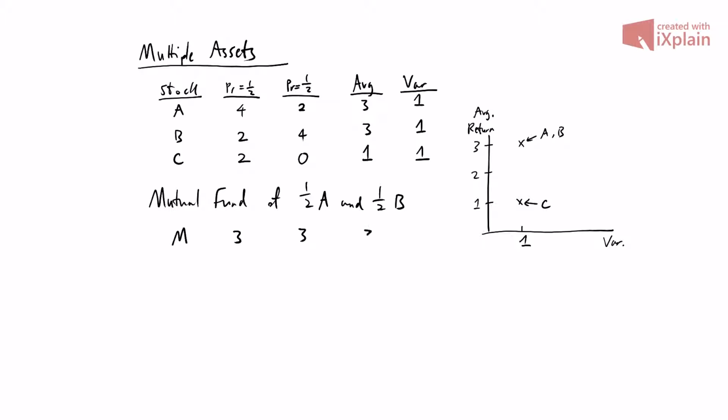So the average is 3, but now you have no risk. So the mutual fund is on the left side. This is the basic concept of hedging. You buy assets that cancel out each other's risk, and you're left with a return that is equally good, but with lower risk.